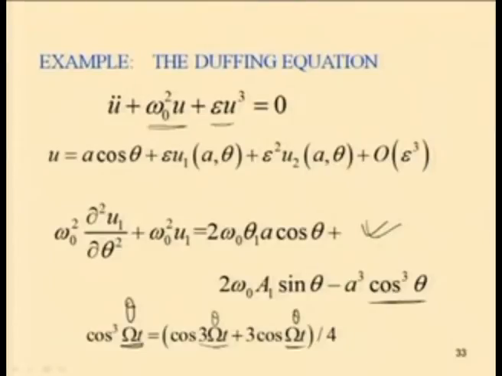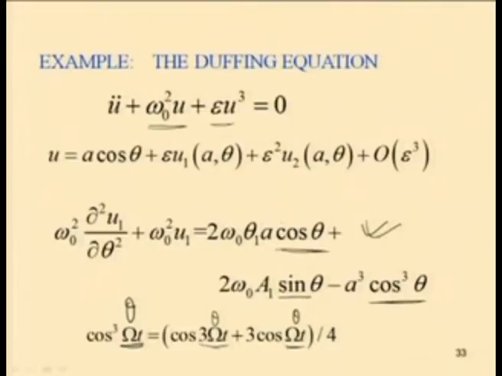So, substituting this, one can write this equation, that is omega 0 square del square u 1 by del theta square plus omega 0 square u 1 equal to 2 into omega 0 into theta 1 a cos theta plus 2 omega 0 a 1 sin theta minus a cube by 4 into cos 3 theta plus 3 cos theta.